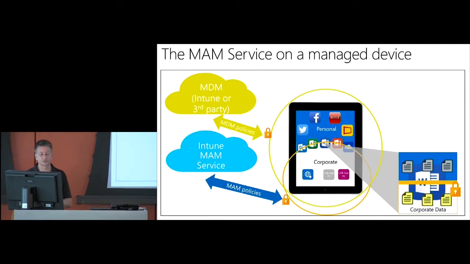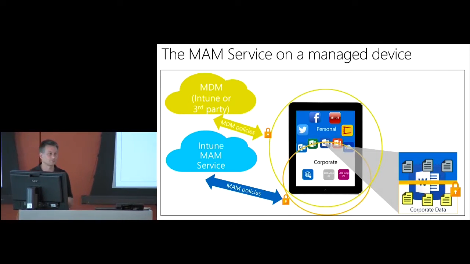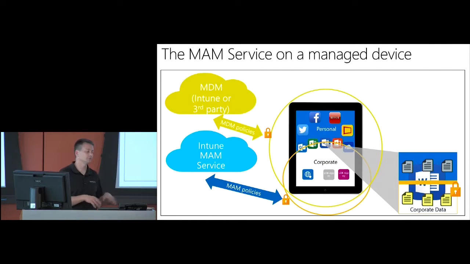So you don't have to get into the business of managing those personal devices. There are two ways to implement MAM: on top of an MDM, obviously we'd like that to be Intune, or just the MAM capabilities by themselves with no management layer. Okay.